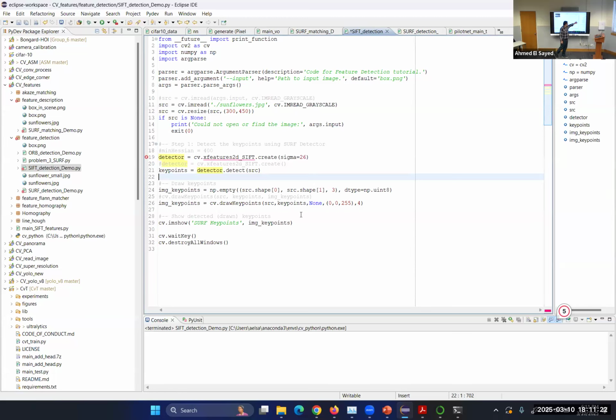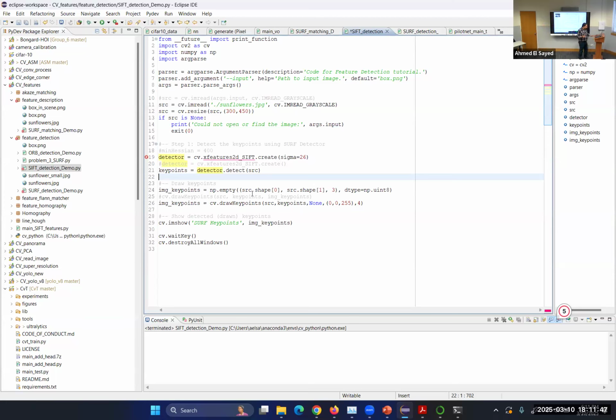So the center of the blob and the radius of this blob. If you use detect and compute, it will return two things: key points and the vector around each key point, a vector of 128 by 1, which is the histogram of the gradient around each point.